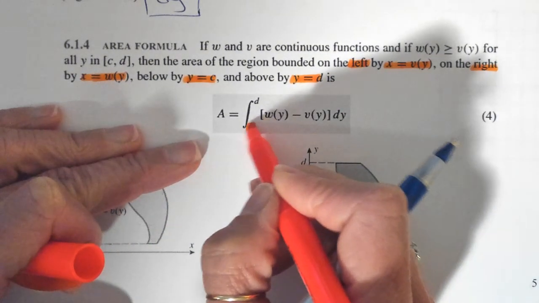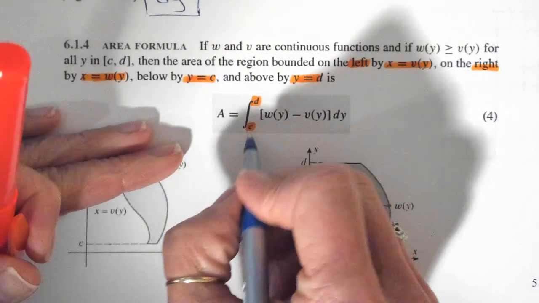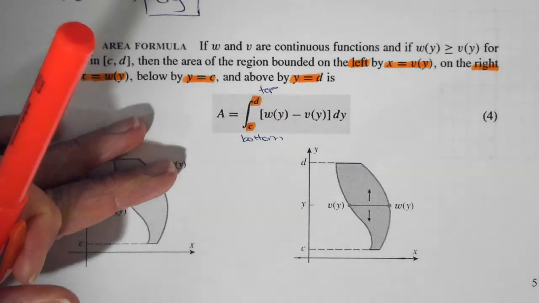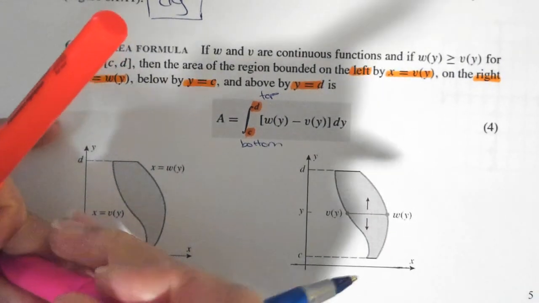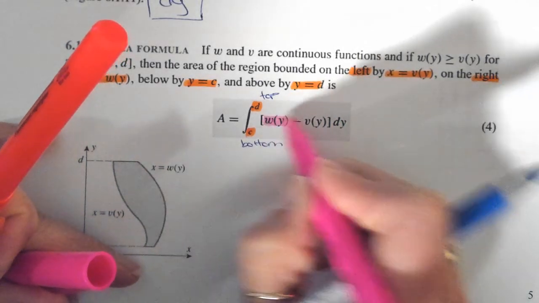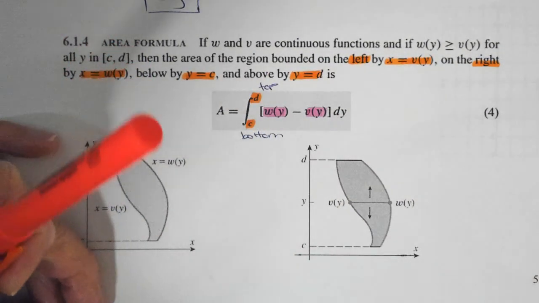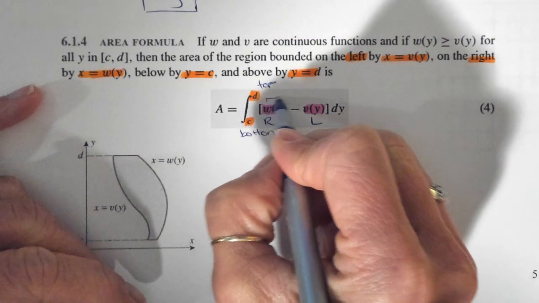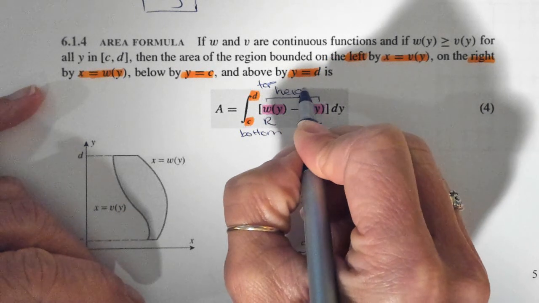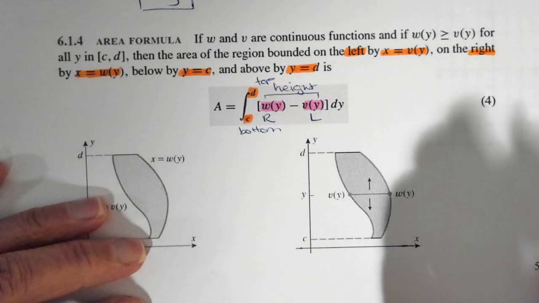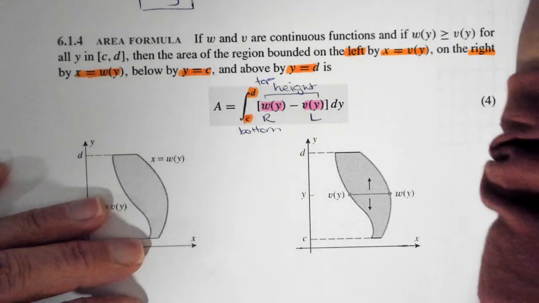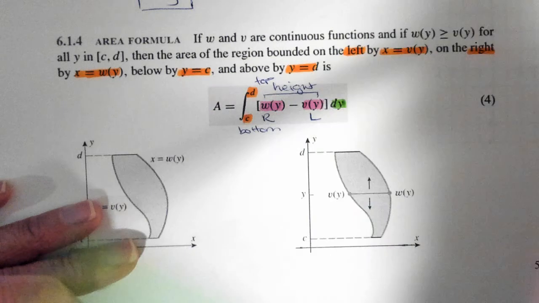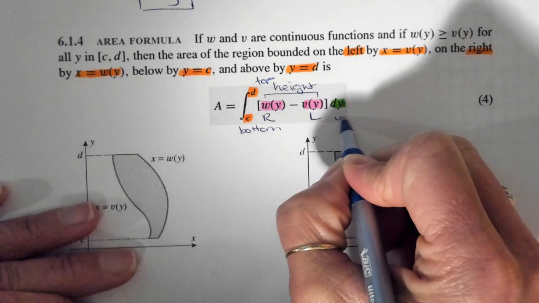So we have the area is the integral from bottom to top of our height, which is the right minus the left. This represents our height. Remember, this took us all the way back to the concept of Riemann sum. And this dy, even though it gets significantly smaller, is going to represent our width.